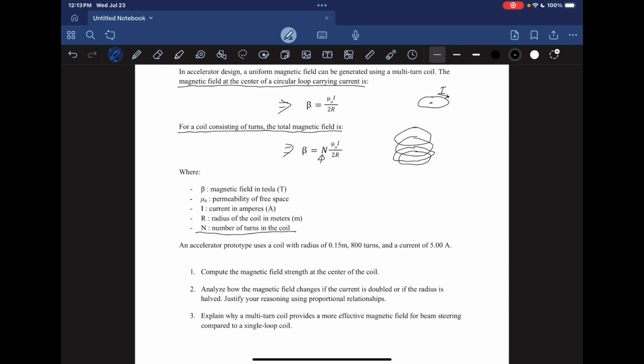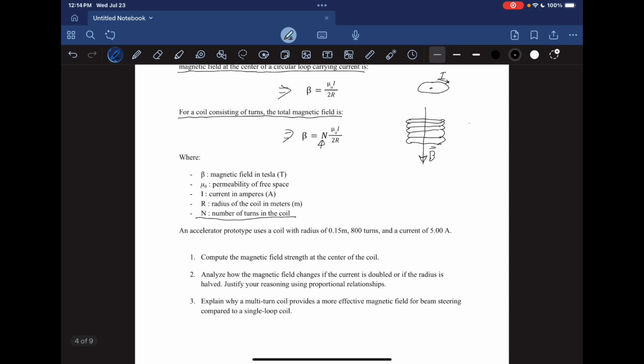That's a really bad drawing of it, but it would actually look more like this, with coils over here, the same amount. So each of these are coils, and they're coiled kind of like a compressed spring, and there's still a magnetic field B in the middle of the loop.